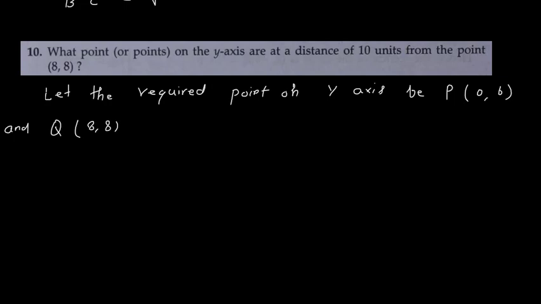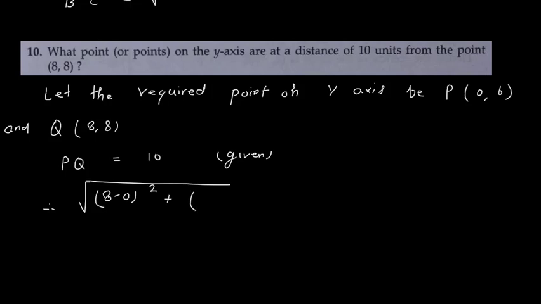So this distance PQ is equal to 10, given. It is 10 unit. So therefore distance PQ we find out using the formula x2 minus x1 the whole square, that is 8 minus 0 the whole square, plus y2 minus y1 the whole square, that is 8 minus b the whole square, and here the result is 10.